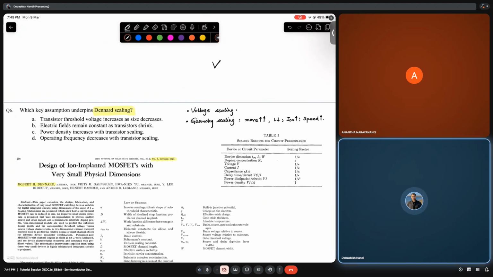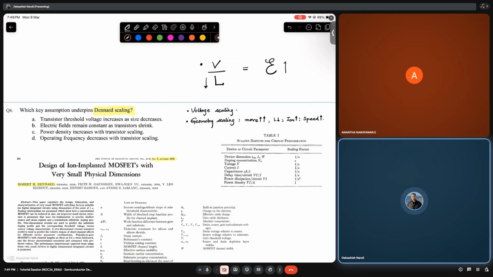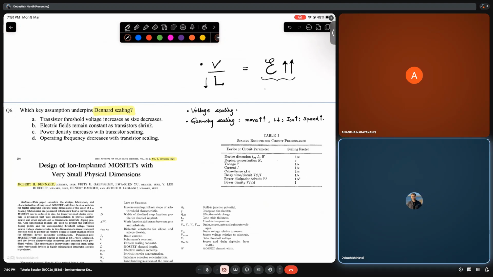So my length is reducing, voltage is constant, so what is this? It will lead to electric field. Electric field will increase. And what happens when electric field increases? That will break down, right, sir? Exactly. There are many things that will happen before it reaches the breakdown point, but the device eventually breaks down.